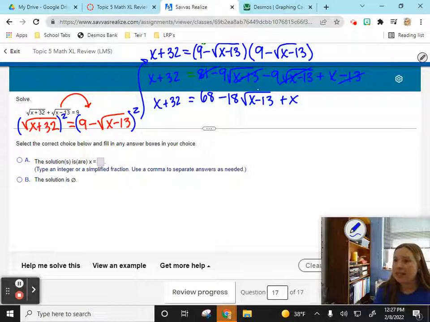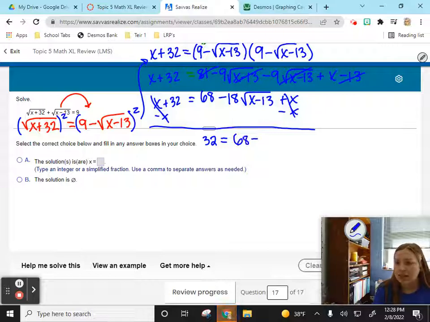Now I want to isolate this radical over here. It's my next target. So I've got to move some of these terms over by subtracting x from both sides. And my x's cancel each other out. We're happy about that. I'm left with 32 equals 68 minus 18 square root x minus 13.